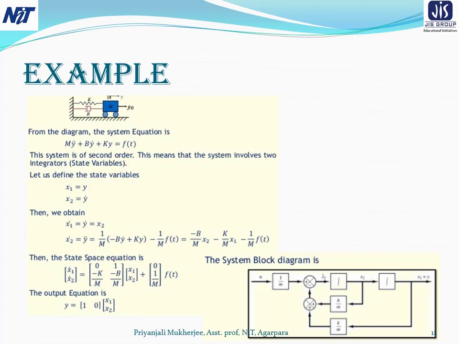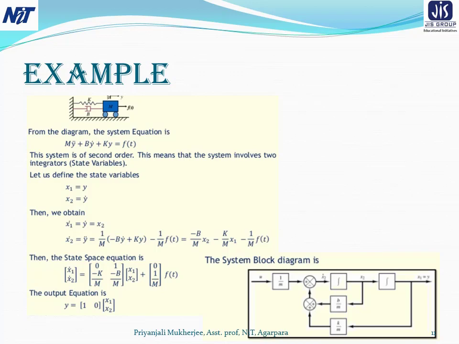So in this way we can draw the state diagram just like the earlier one. Here f(t) is given as the input, so u will be represented by f(t), and with the gain of 1 by m, there are two variables, one is x2 dot and another is x1 dot.